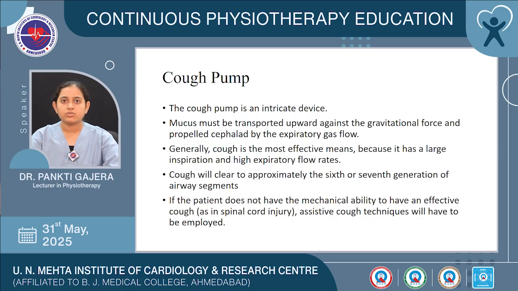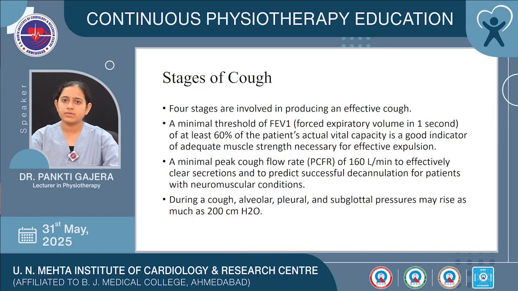Cough will clear to approximately the 6th or 7th generation of airway segments, which are the medium diameter airways. If the patient does not have the mechanical ability to have an effective cough, as in spinal cord injury patients, assistive cough technique will have to be employed.